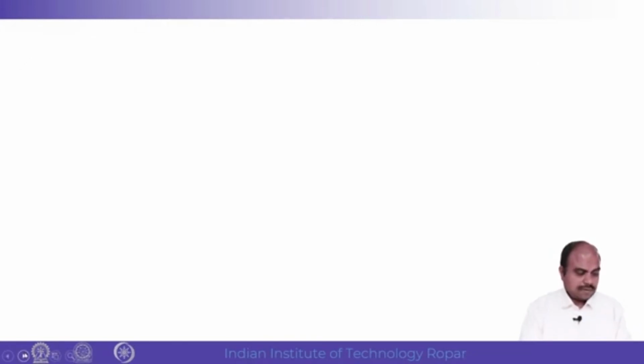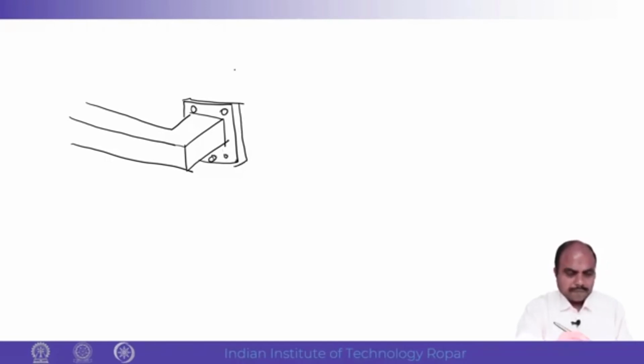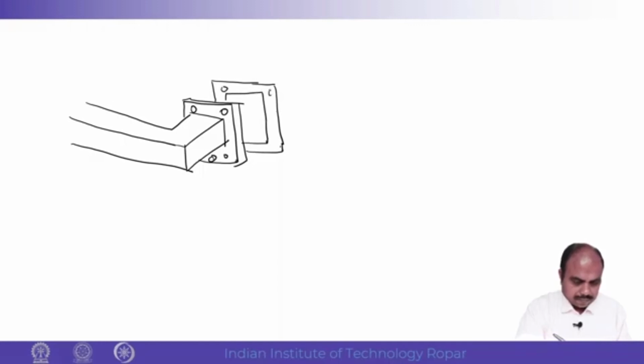So in this one we will see another example, and take for example that we are going to have this kind of component. Let's say this is water housing, pipes, and these are junctions.